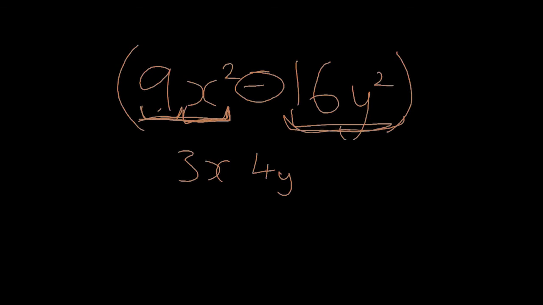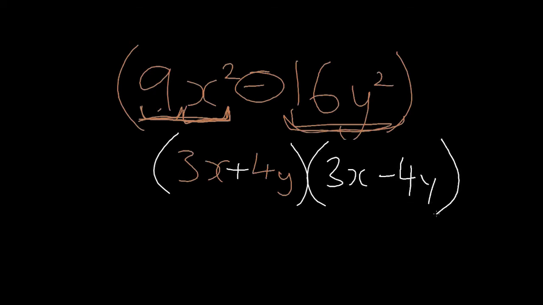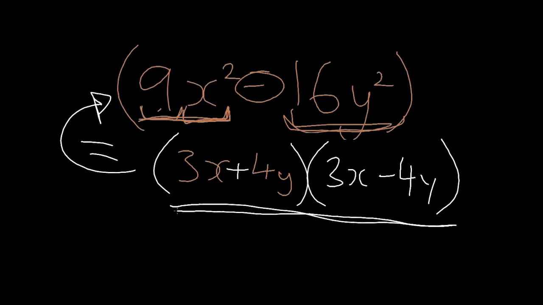Because we know it's a difference of two squares, and this is our a and this is our b, we can rewrite it like this: a plus sign and a minus sign, and that is going to be exactly the same as this up here. Now the reason why we want to do that is sometimes it's going to be easier to work with this, especially when we're working with parabolas later on.